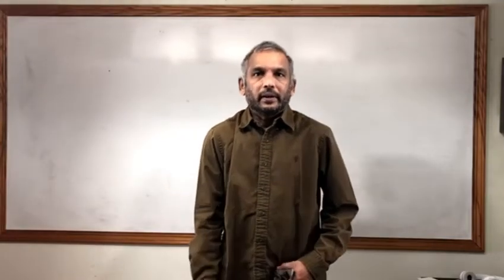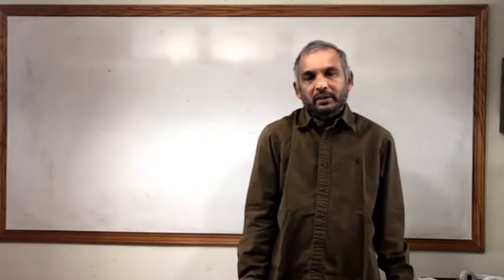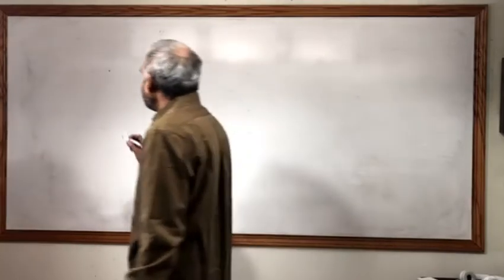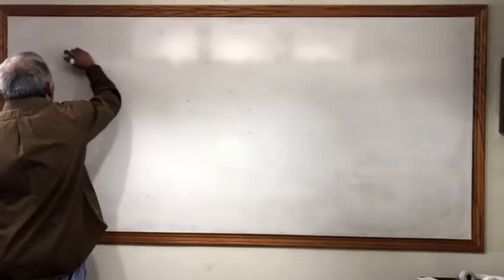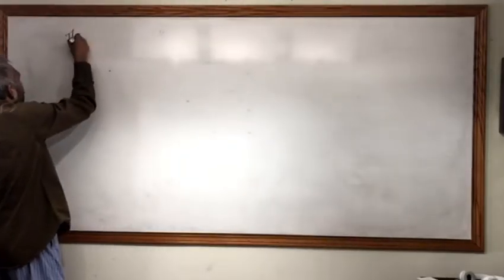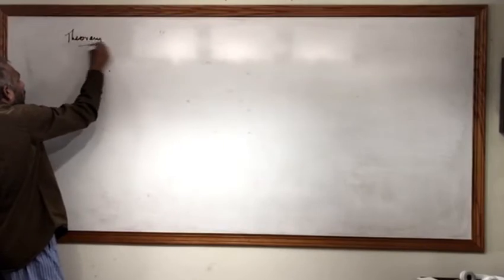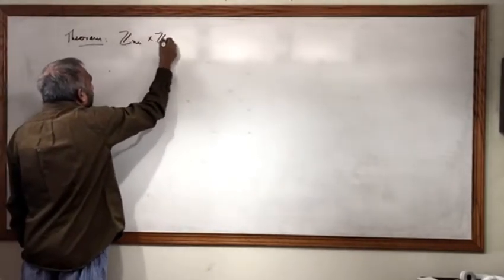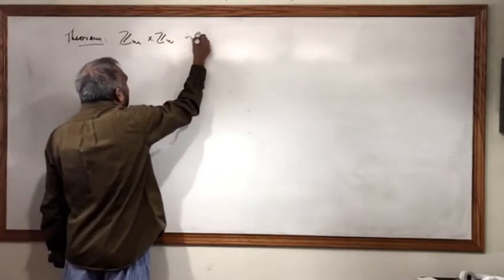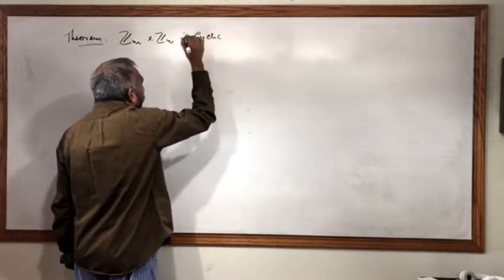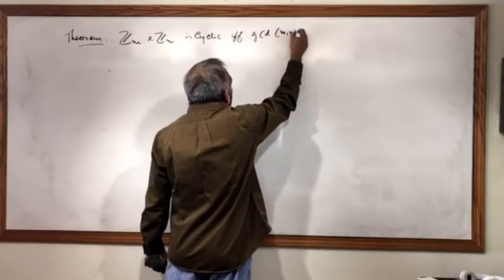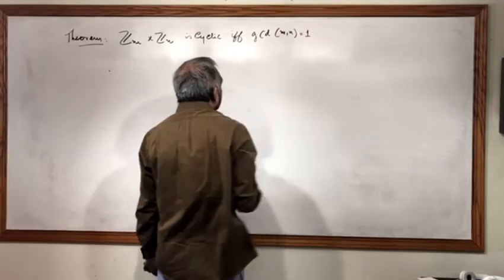Now let us establish some results on direct products. The first one we are going to try is this. Zm cross Zn is cyclic if and only if GCD of m, n is equal to 1.